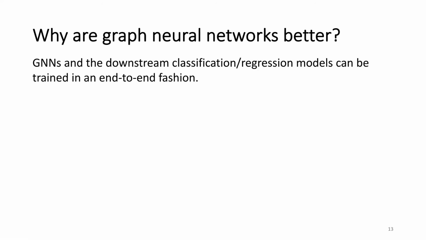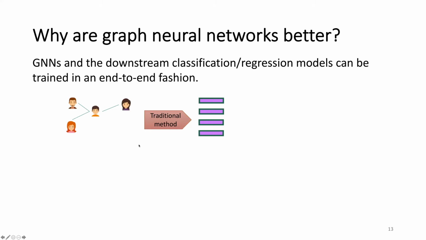Another advantage that graph neural networks have is that they are trained together with the downstream task in an end-to-end fashion. As a result, they can learn representations that are very well suited for the classification task or link prediction task at hand. To give an idea of how this happens, consider the traditional method. Given a graph, I use a traditional method to compute embeddings.